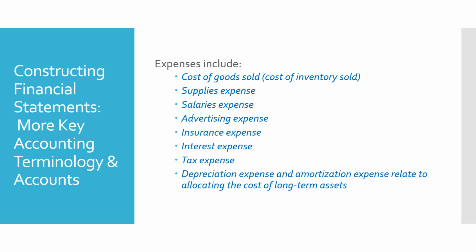So if your business model is buying and selling goods, then typically cost of goods sold, which is the cost of the inventory that you sell, is going to be your largest expense. Other expenses include supplies expense, salaries expense, advertising expense, insurance expense, interest expense, and tax expense.